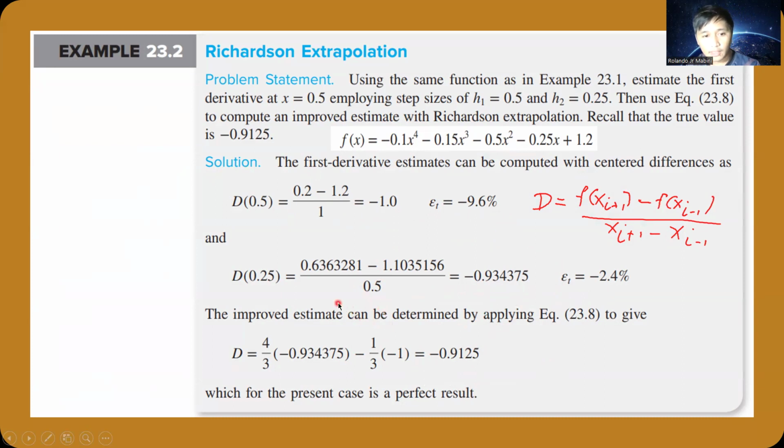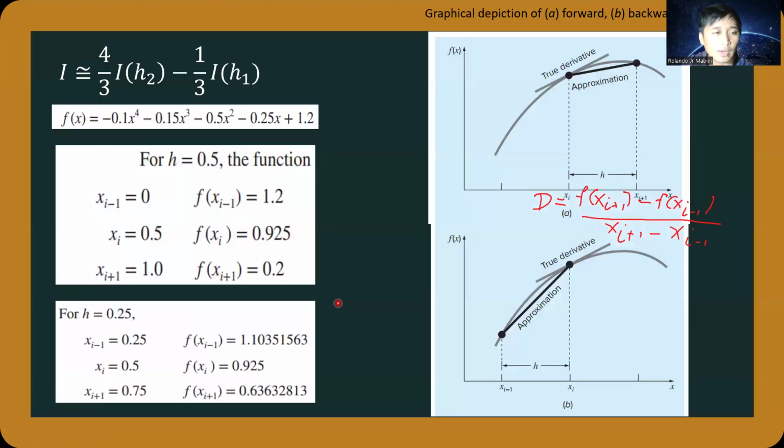So by using the Richardson extrapolation, again, our equation is this one.